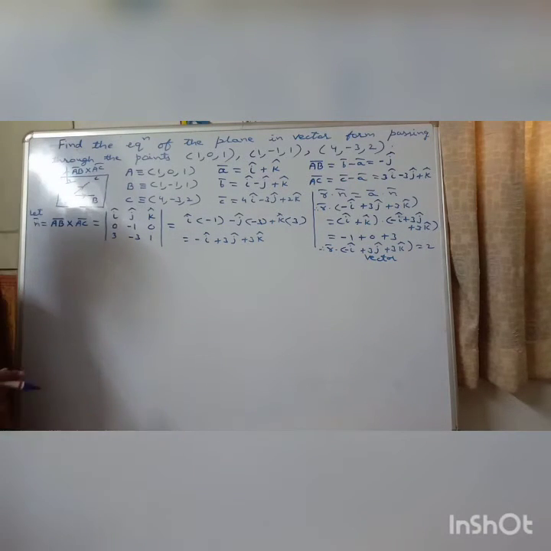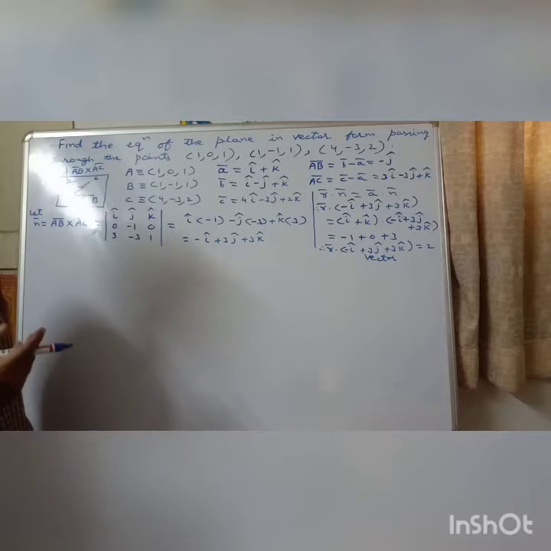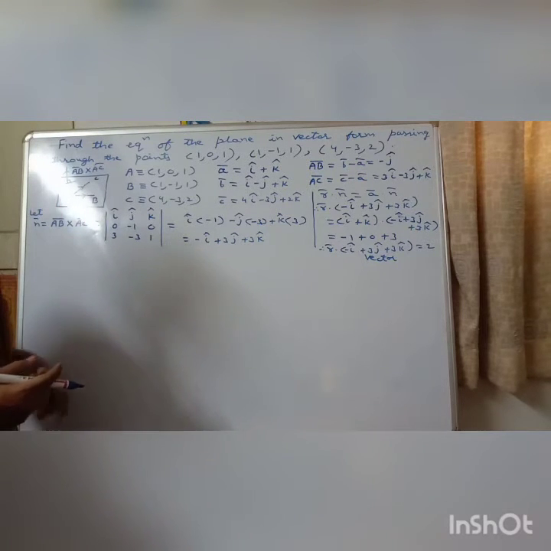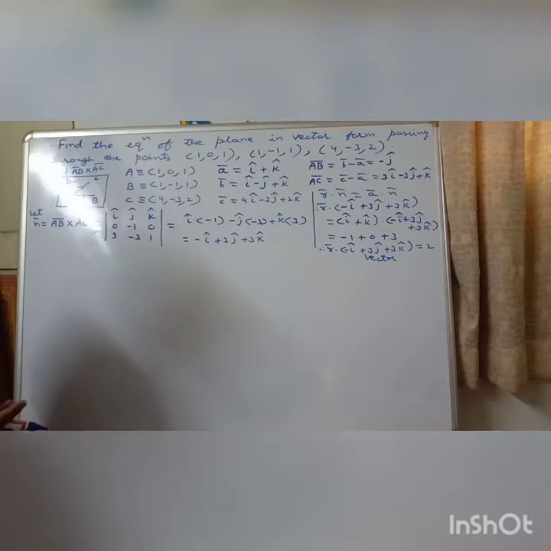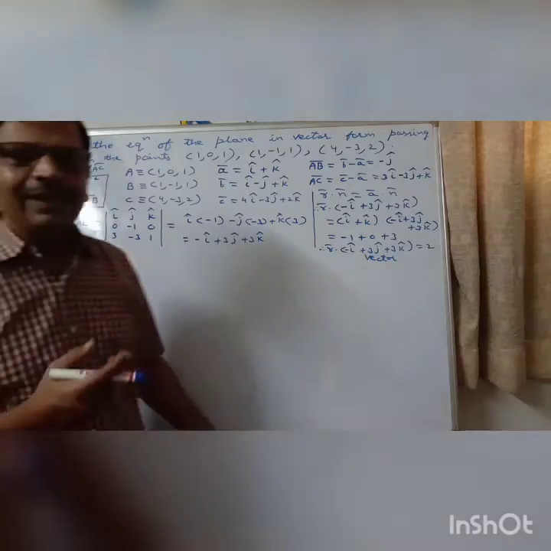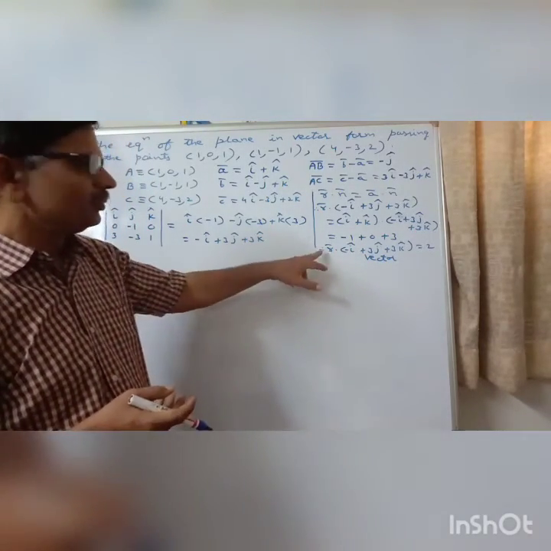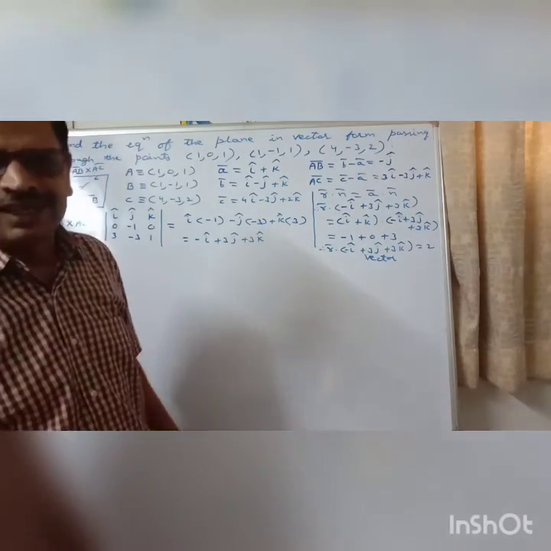In the example, it is not mentioned in which form we have to find the equation of the plane. So we shall find the equation of the plane in vector form as well as Cartesian form. For getting the equation of the same plane in Cartesian form, we shall take point R whose coordinates are x, y, z.